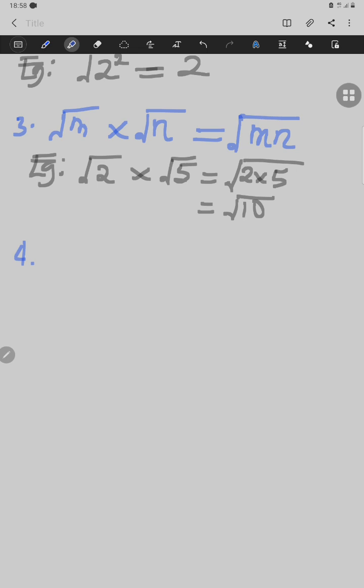Number 4. Now, if I have the root of m over the root of n, this is very important. We apply it in subjects like physics and even in chemistry for the sciences. So if I have this, then I can rewrite this as the root of m over n. I can bring all of them under one square root sign.